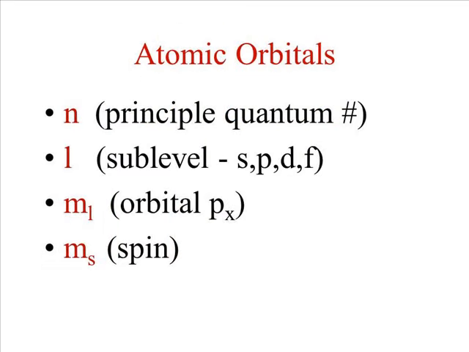Your atomic orbitals, okay, you no longer need to know your L, M_L, and M_S quantum numbers. You do need to know your principal quantum number. N means energy level, 1, 2, 3, 4, and then, of course, sublevels, s, p, d, f, orbitals. You need to know how many there are, and, of course, a spin number.